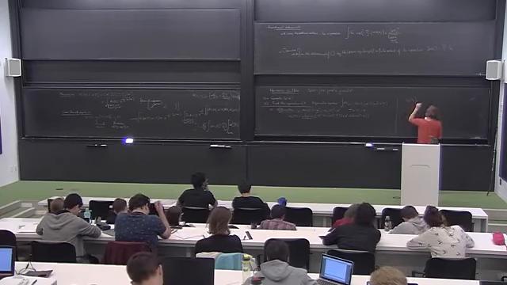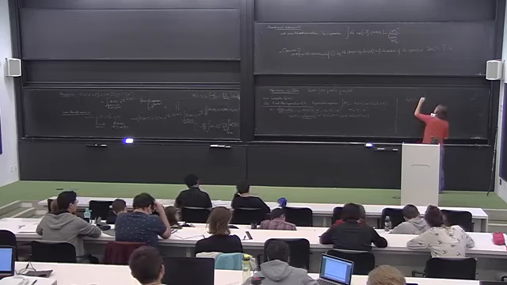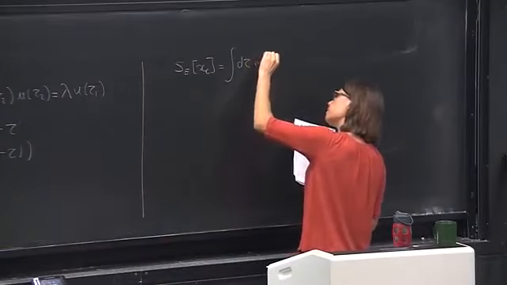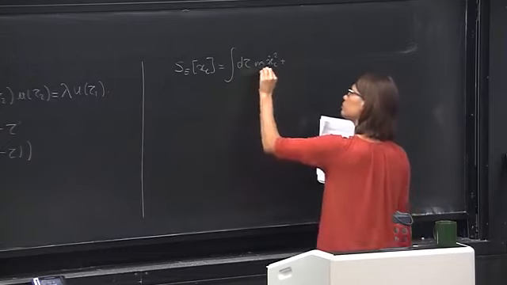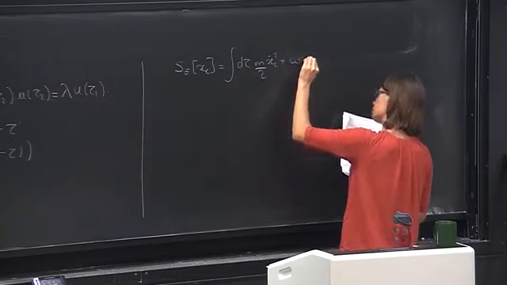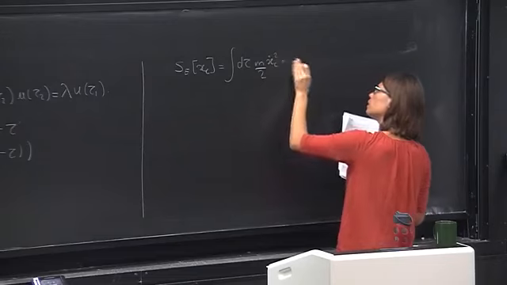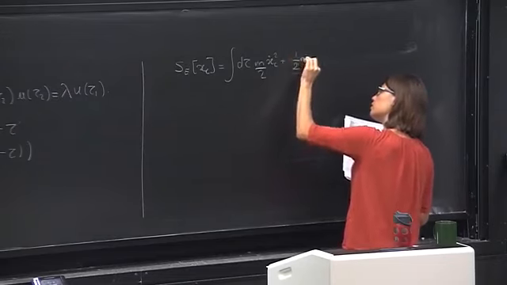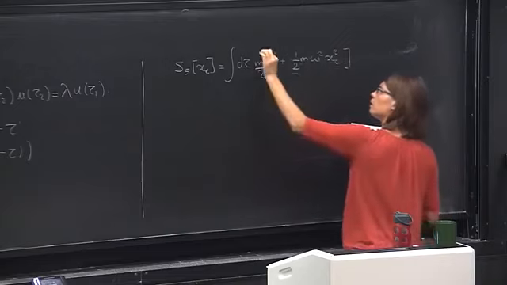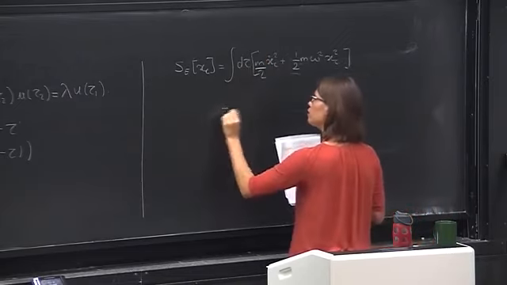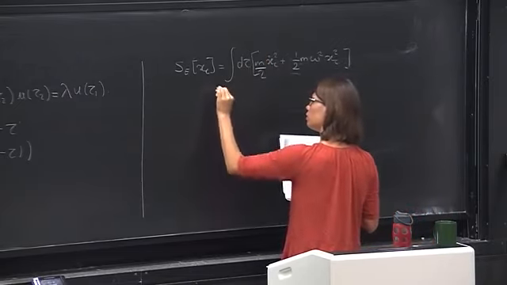So here we want to compute this object, and so sorry, omega squared. Okay, so now what I'm doing is an integration by part on the first term.